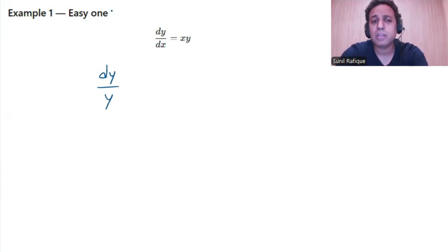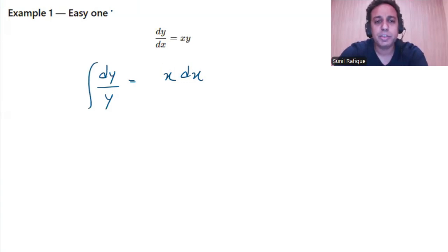You can call this cross multiplication as well. Now dx to the right-hand side and keep the x with the dx, right? This way, I have made this implicit form into a simple explicit form, which I can solve easily.